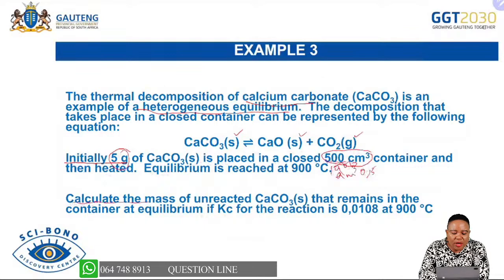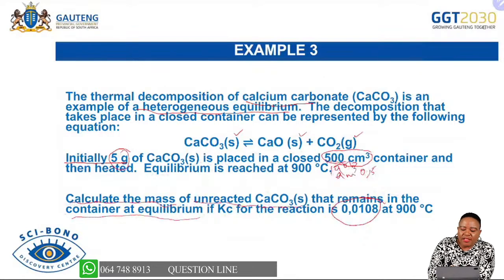Now they say calculate the mass of unreacted calcium carbonate that remains in the container at equilibrium if the Kc... So you see here you are provided with the Kc value. The first thing that you know, if you are provided with the Kc value, is that Kc will be equal to, definitely this one is our reactant, so it's going to be divided by 1, and this one is our solid, it is not going to be included because its concentration is also 1.